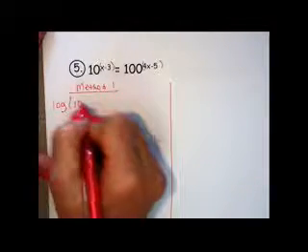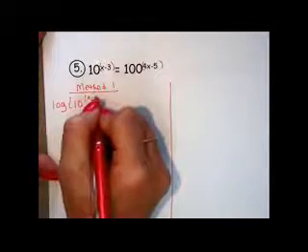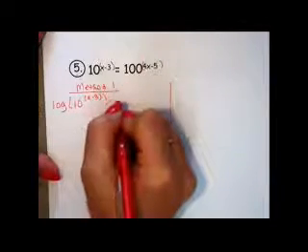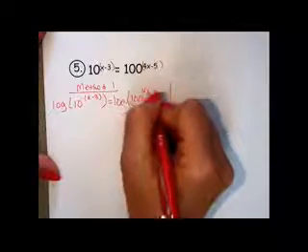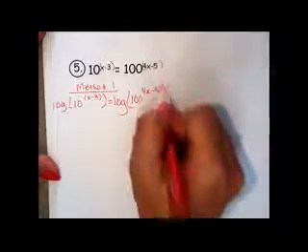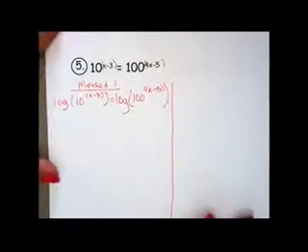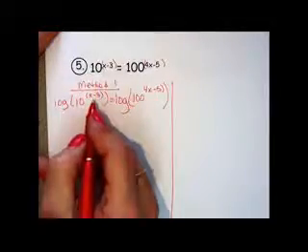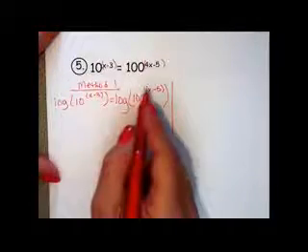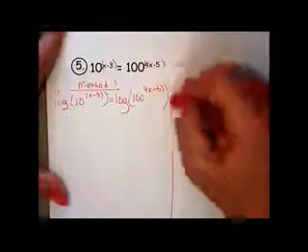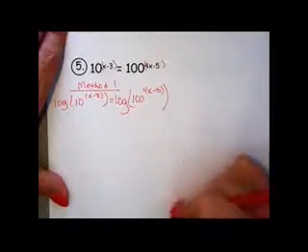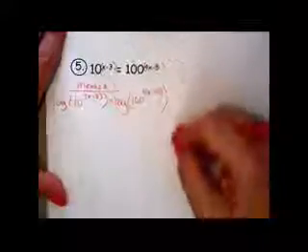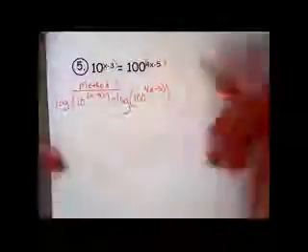So log of 10 to the x minus 3 equals log of 100 to the 4x minus 5. Now we take our exponents, x minus 3, put it out in front, and 4x minus 5, put it out in front. I'm going to erase this for now so that I have more room. We'll come back to method number 2 in just a second.